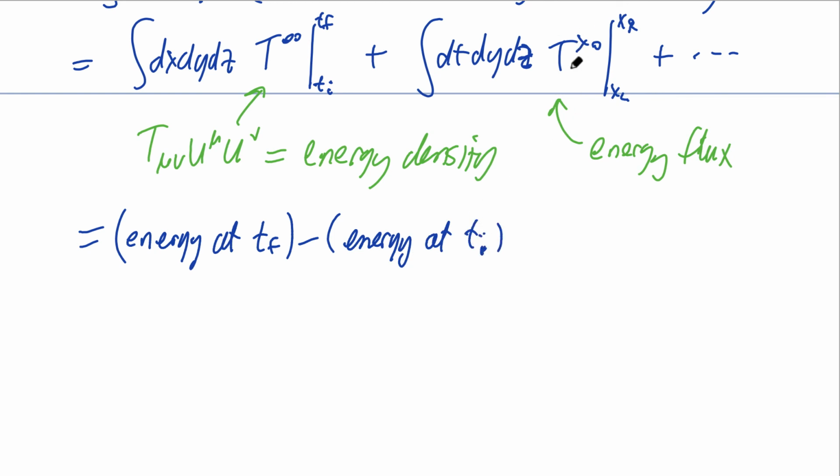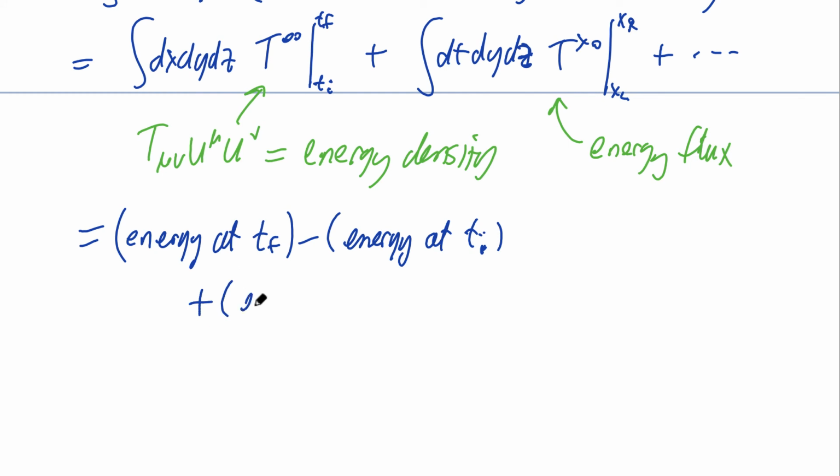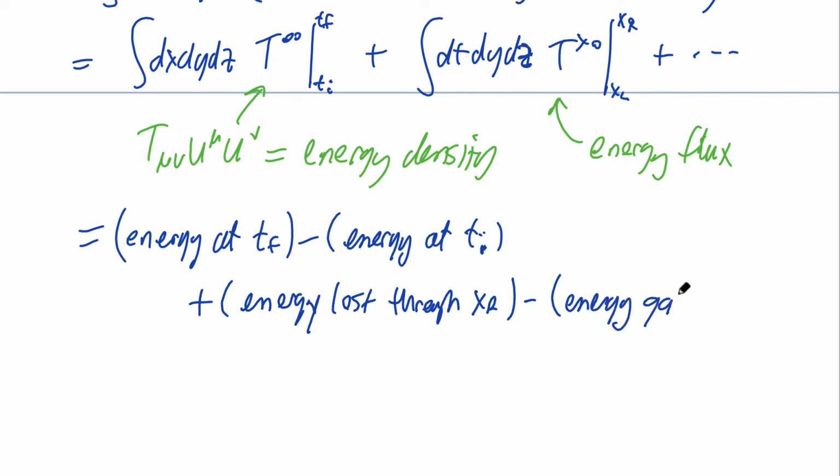And here we have an energy flux, energy per unit time per unit area, integrated over time and area. So this is plus the energy lost through the face x_r minus the energy gained through the face x_l. And then, of course, we have other terms corresponding to energy fluxes through the y and z faces of our space-time volume.